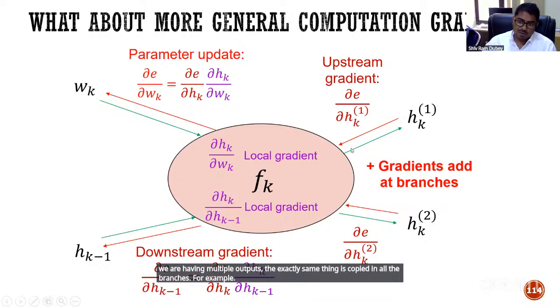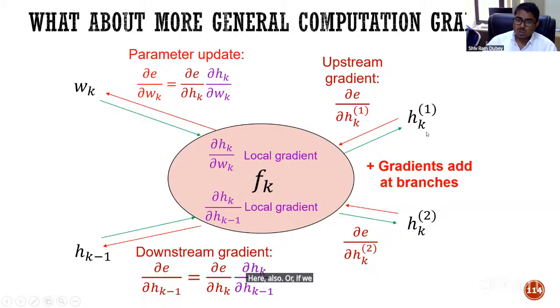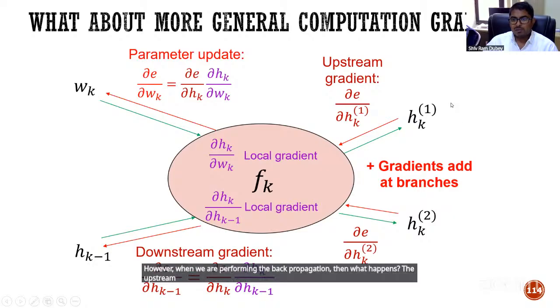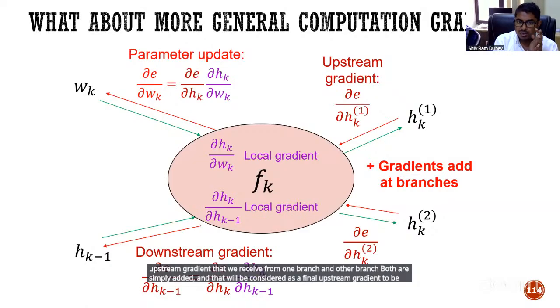For example, whatever output we get, the same output is passed here and also here. Or if we have a different function, then it will be computed based on that function. However, during backpropagation, the upstream gradients that we receive from one branch and the other branch are simply added, and that is considered the final upstream gradient to be utilized for the rest of the process.